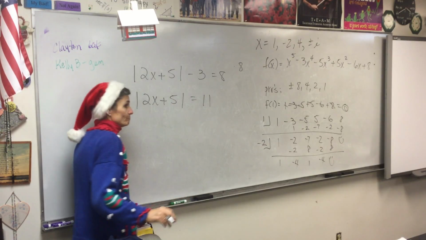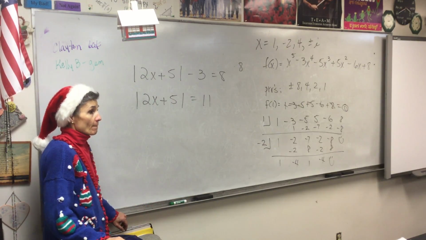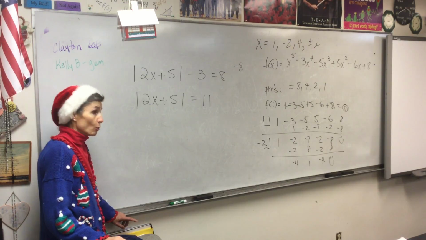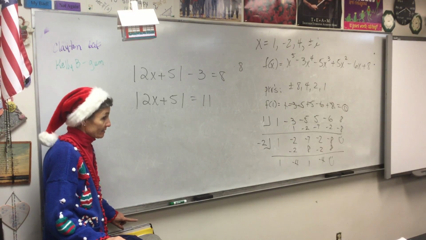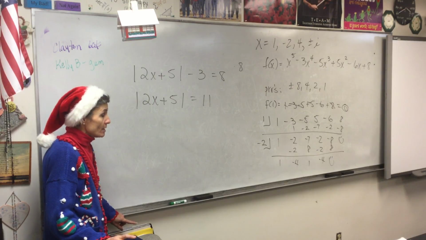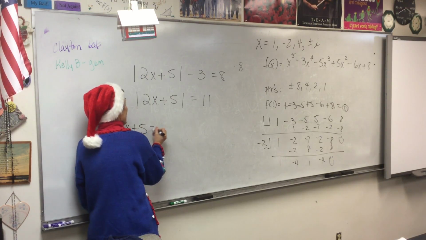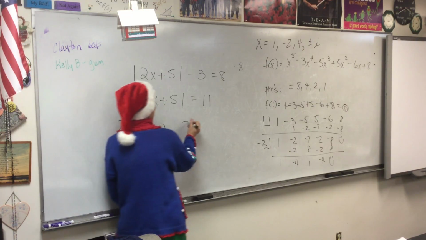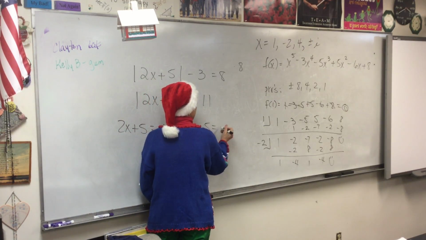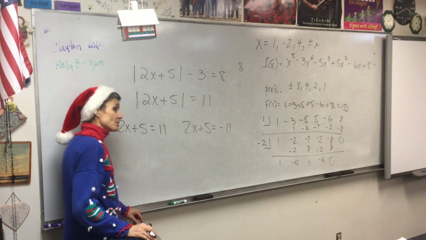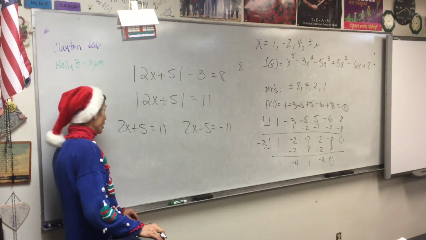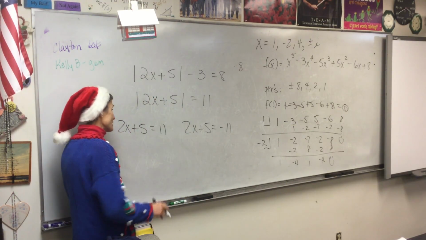All right, now what? Don't you do 2x plus 5 and 2x minus 1? You never do that. That's a no. Now, what you can do is say 2x plus 5 equals 11, or 2x plus 5 equals -11. That's what you do. Say what you mean or don't say it at all.